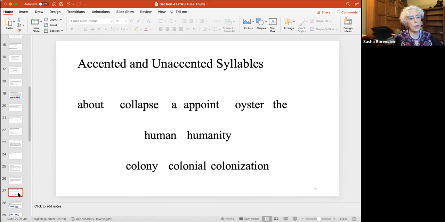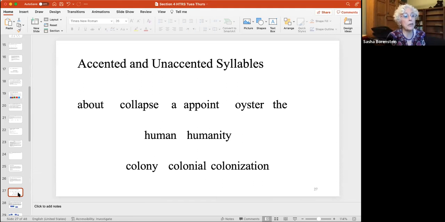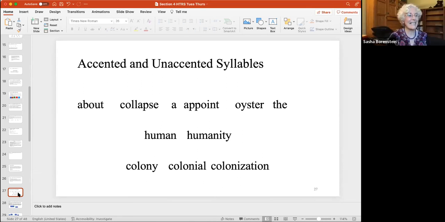Yes. Now we have colonial, which shares a morpheme, right? Yes. What about the second syllable in colonial? Is it still a schwa? It shifted. I think that's the accented one. It is. And what about the first syllable in colonial?